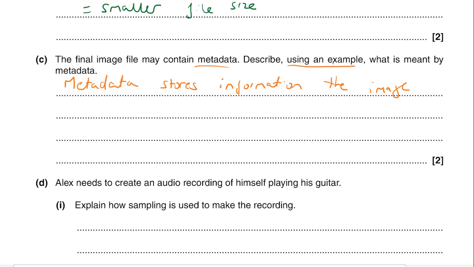When it says use an example, you have to do it, you can't just avoid it. E.g. the width of the photo, that would be sufficient. Oh, height, colour depth, I said exposure, aperture, and so on. I realise I forgot about, there we are.